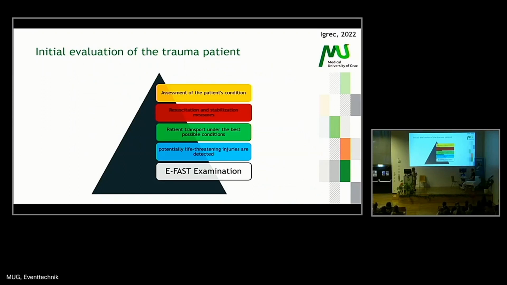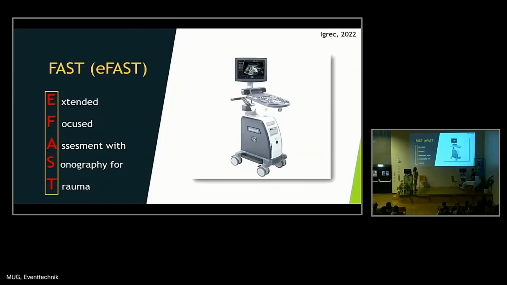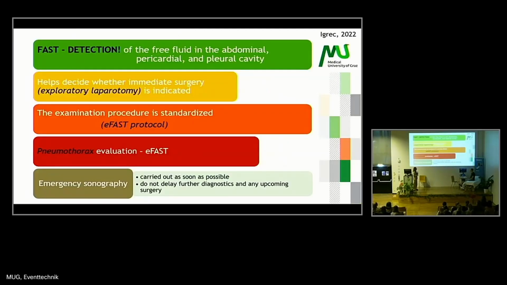There will be resuscitation and stabilization performed, and in the shock room we are going to detect the potential life-threatening injuries. After that comes eFAST. So we use all types of machines, and eFAST shortly means extended focused assessment with sonography for trauma.